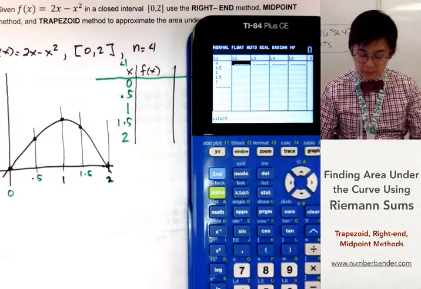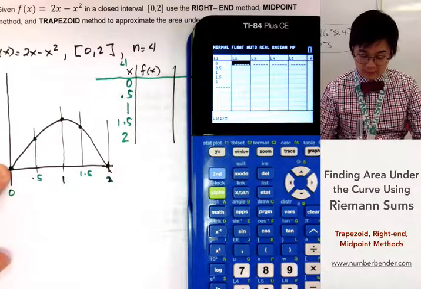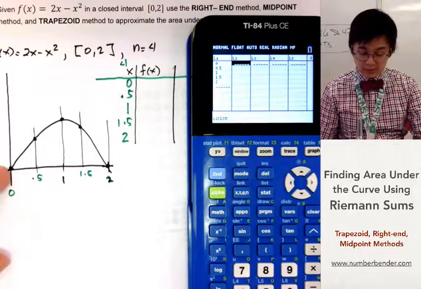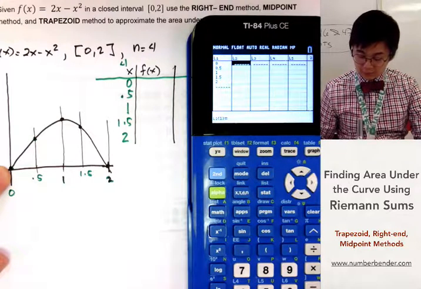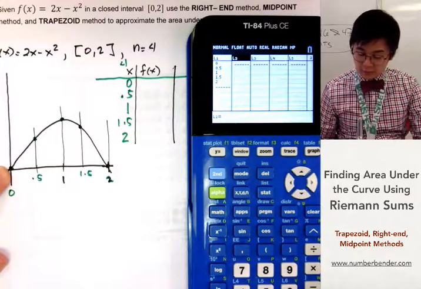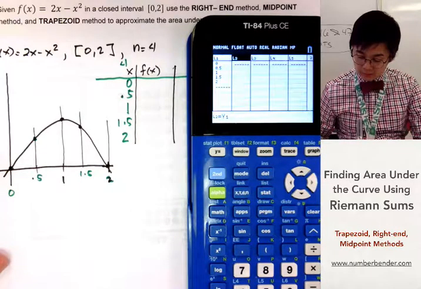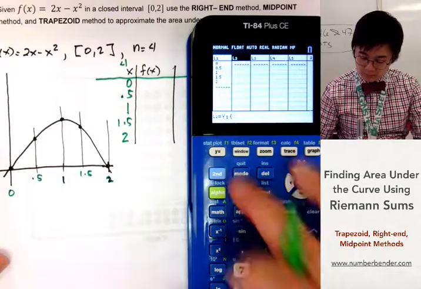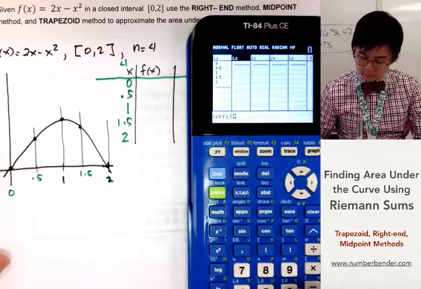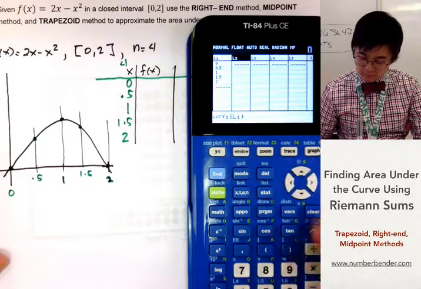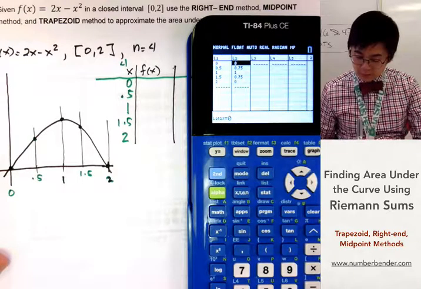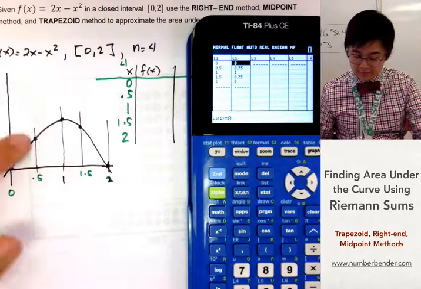At kukunin natin yung height. So kung x is 0, alam natin 0 din yung y because hindi naman nag-move yung ating graph. So kunin natin yung function ulit, second function, vars, y vars. Inside it will be your list 1. So ito yung mga values ng mga height natin.